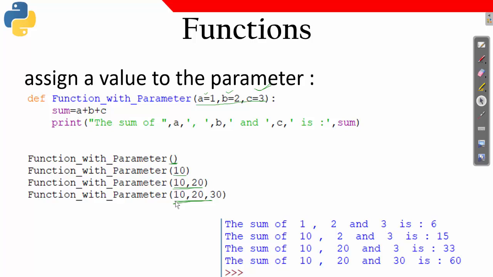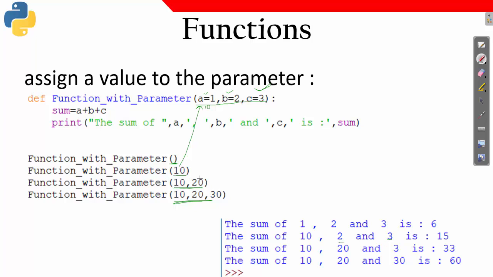And when all the three parameters are passed, 10, 20, 30 are assigned to A, B, C, and the sum, that is 60, is passed. It means whenever I am passing a value, it will be assigned to A. So the default value will be overwritten. In place of A, it will take 10, and the rest of the values 2 and 3 will be as they are.